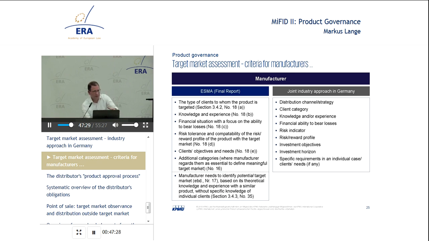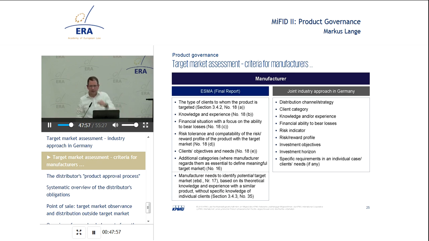And a mixture of things which are somehow logical, just the type of client, and a mixture of all the things which are relevant for later appropriateness and later suitability tests. You find here on the left-hand side, and it's similar to the German approach, of course, it needs to be in line with it. So this is, so to say, a best of any criteria which can be relevant at a later point of sale situation, but mainly and first of all for the manufacturer.